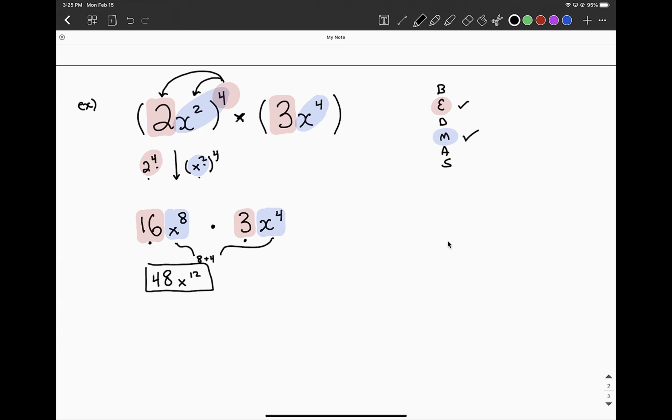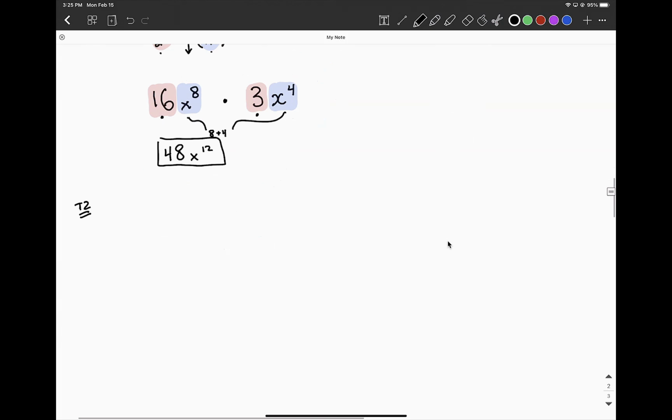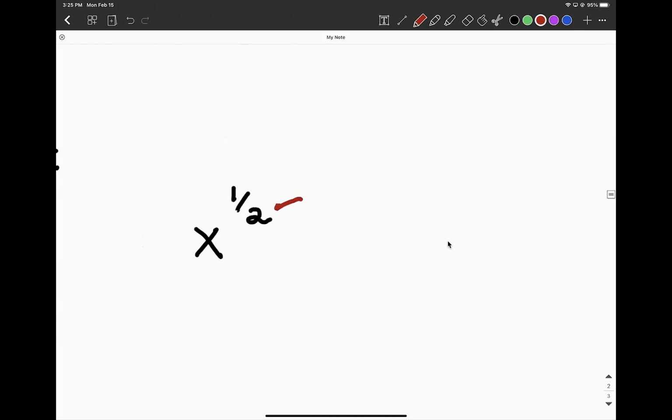A quick shout out to a very, very special power in topic 2. We briefly want to talk about what it means to have a fractional power. Just to point out some of the intro ideas here, this is the root. When we put a power on the bottom of a fraction like this, it's asking you for a root.